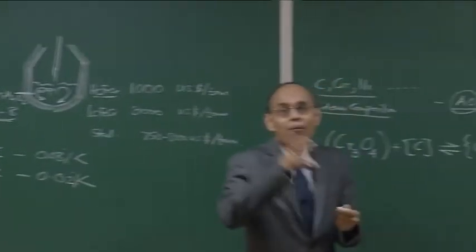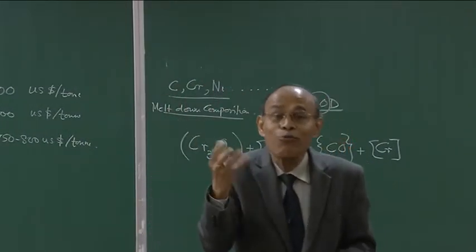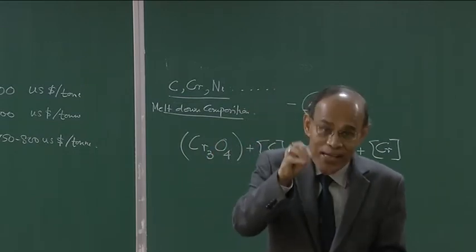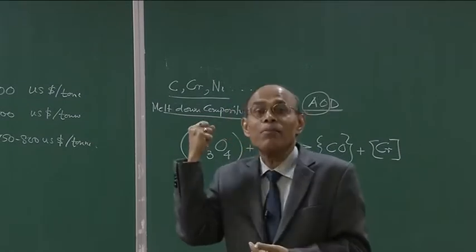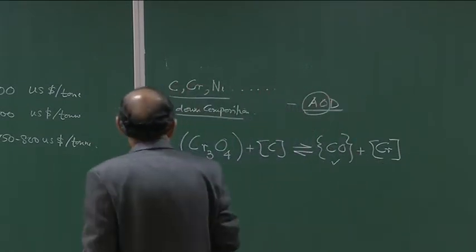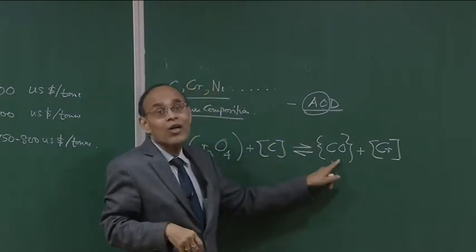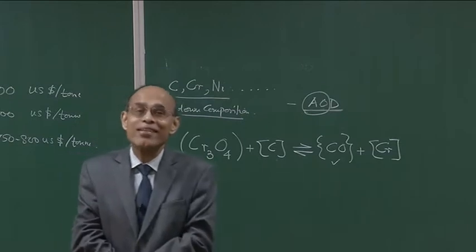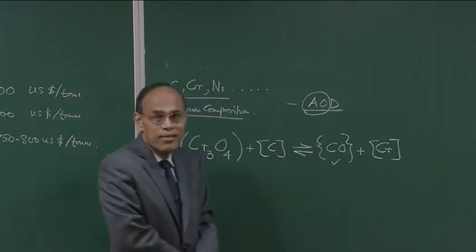If you could pick up a bubble, hypothetically speaking, and analyze it, you will find that the proportion of carbon monoxide is much lesser. On the other hand, in the absence of argon, the proportion of carbon monoxide in the bubble is going to be much larger. So, injection of argon into the system allows us to maintain a lower pressure. So, we have been able to create a favorable condition for this reaction to go from left to right.